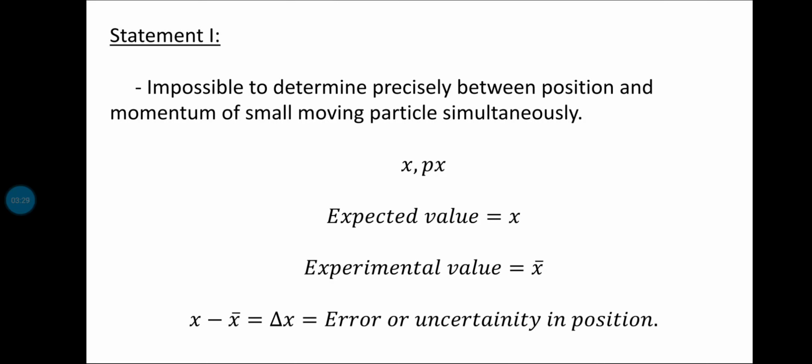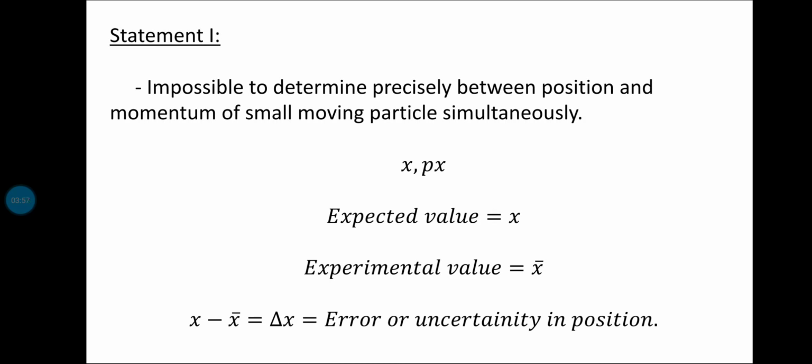If you take position and momentum, how will you give the definition? It is not possible to determine precisely, exactly, both position and momentum of a small moving particle simultaneously.